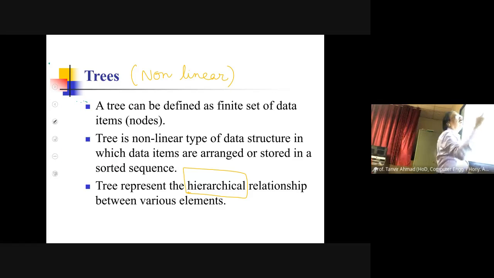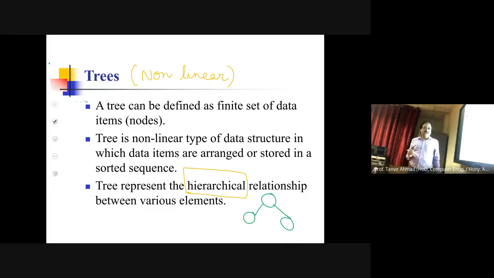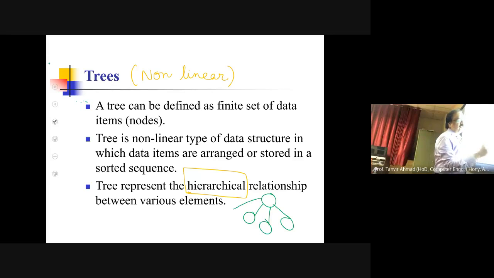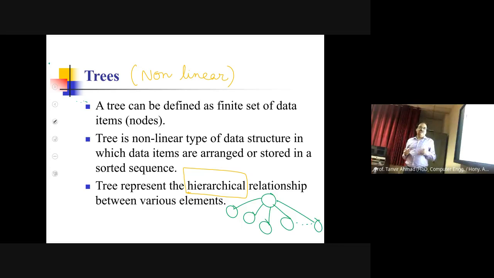Now, a tree can be like this. If it contains a maximum of 2 nodes, it's a binary tree. If I put 3 nodes or 4 nodes, I can put n number of nodes. This is a tree, but not a binary tree.